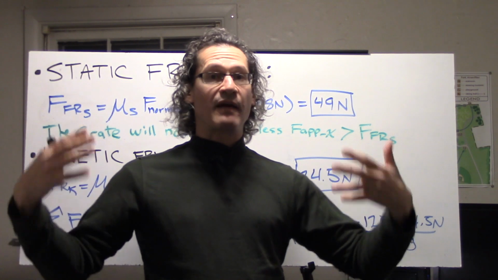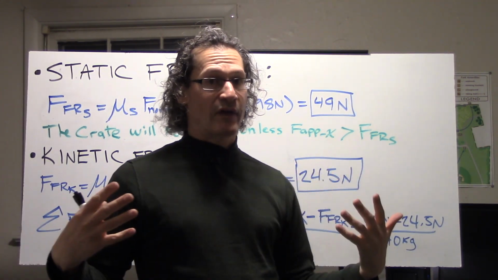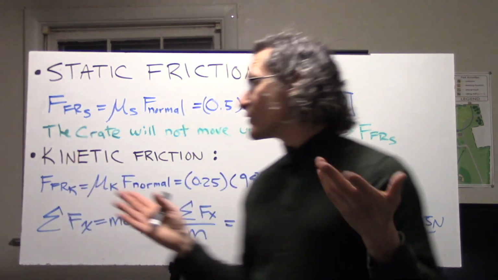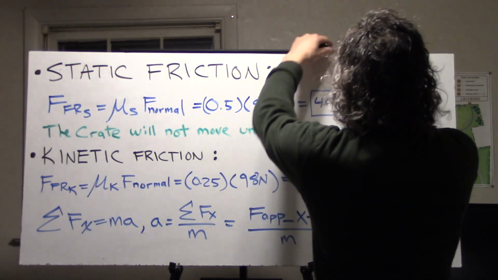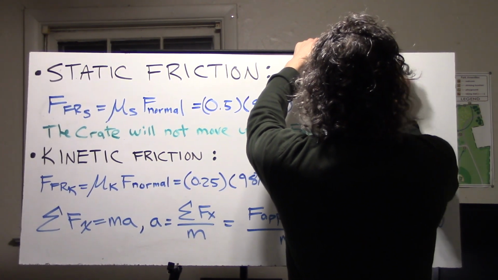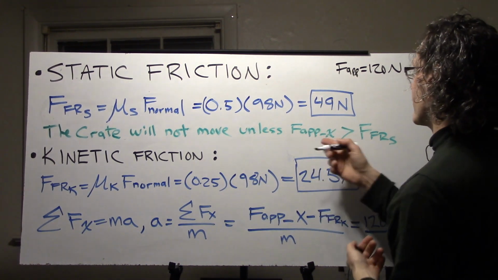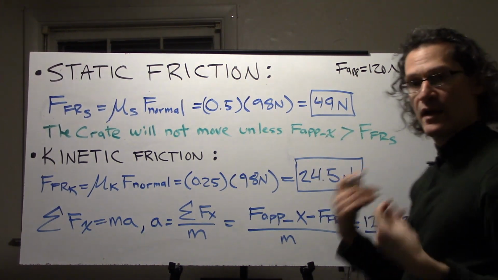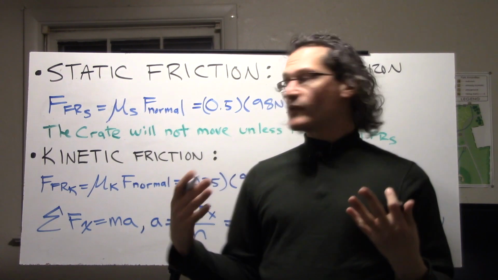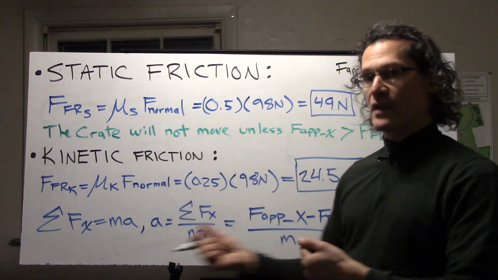You must exceed that 49 newtons in order to get this thing into the kinetic range, okay? Fortunately, in this case, we're given that the force applied was 120 newtons, okay? So we're clearly, force applied in that x direction is greater than 49, and we're good to go. This thing will accelerate. So we know that at first this will resist up to 49 newtons, and then it'll start sliding. Okay, and there might be cases where this value is too low and it wouldn't move.